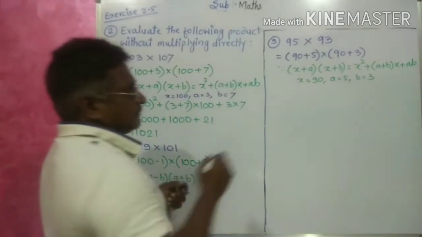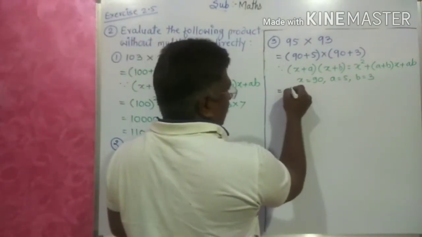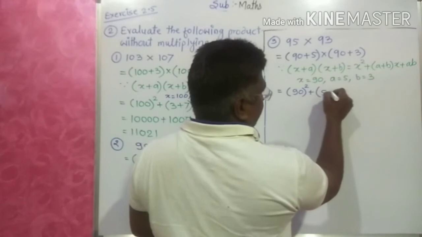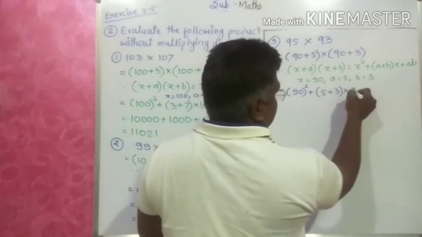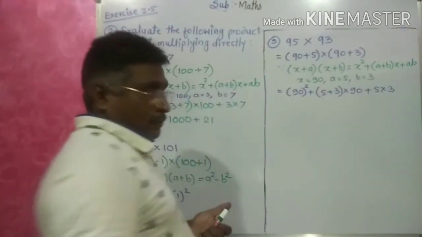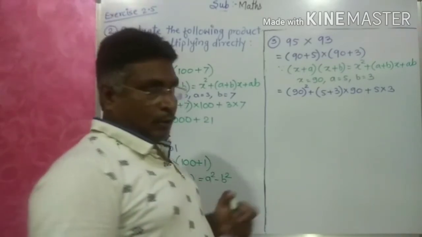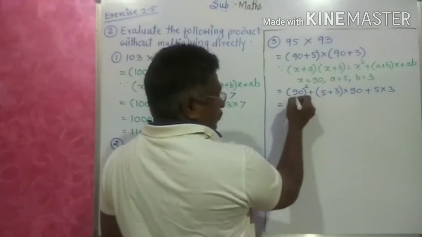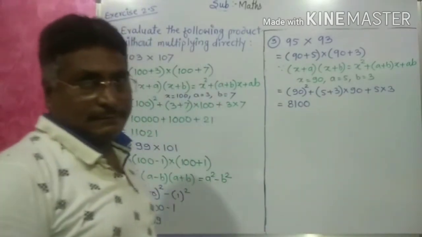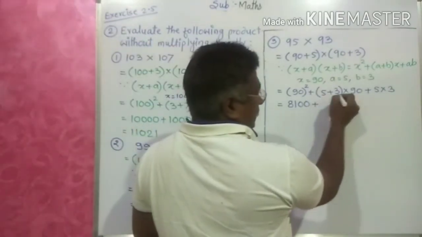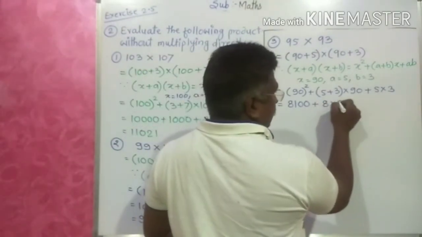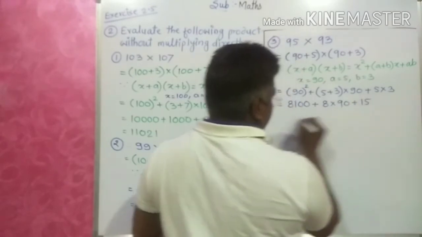Now substitute these values. So what will we get? x square means 90 square, plus a plus b, 5 plus 3, into x, x means 90, plus 5 into 3. Use the BODMAS rule properly. So 90 square, what will we get? 8100 plus, what is 5 plus 3? 8 into 90 plus 50.